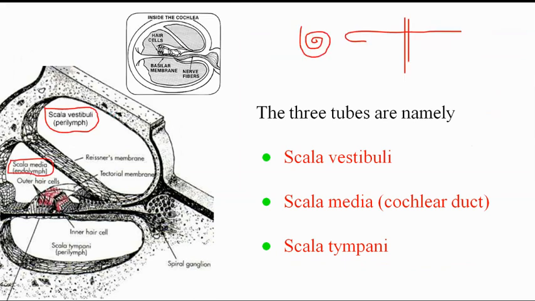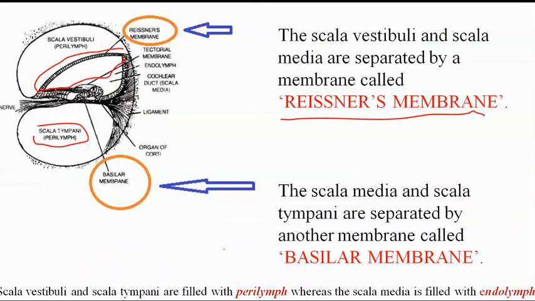You can notice the upper is filled with perilymph, and the lowermost one is filled with perilymph, but the middle one is filled with endolymph. This middle tubular portion of the cochlea is also called the cochlear duct.